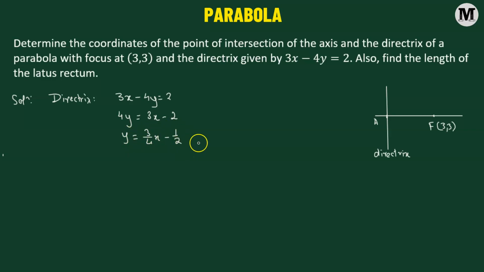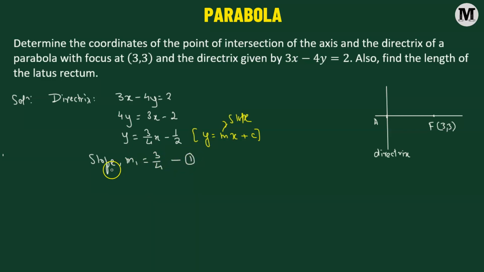All we have done is rewrite the equation, but in this form we get the slope-intercept form of a line, y equals mx plus c. Here m represents the slope and c is the y-intercept, which means that our slope, denoted by m1, equals 3/4. So this is the slope of the directrix line.